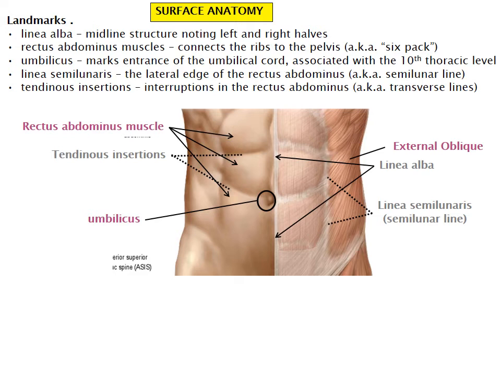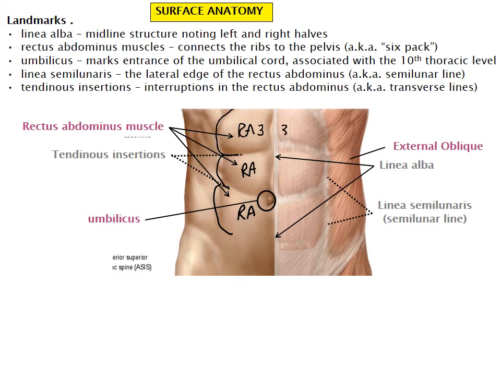So here we see some surface anatomy, and what's obvious here on the right hand side for someone who has relatively little body fat would be the midline musculature, so the rectus abdominis. Obviously, this individual has what we call a six-pack, 3 on this side and 3 on this side.